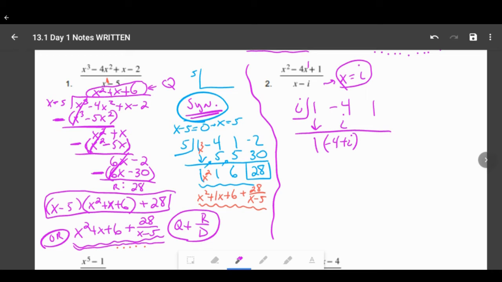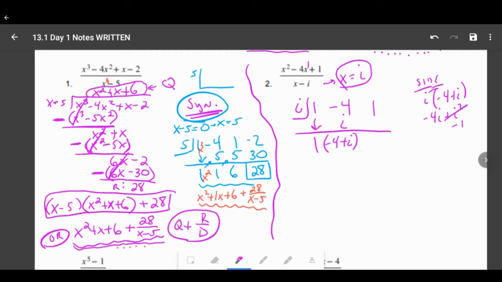Now, if I do a little side work over here, I'm going to take i times the quantity -4 plus i. If I distribute, I get -4i plus i squared. If you remember how imaginaries work, i squared becomes -1.